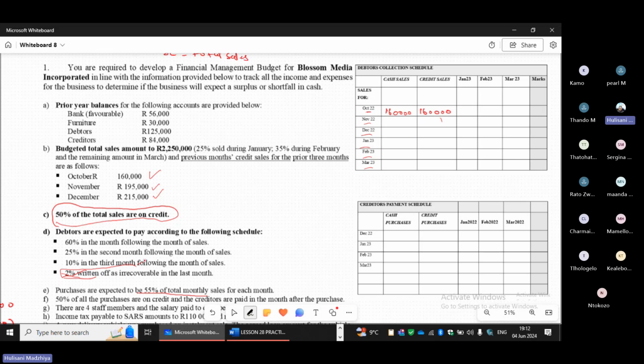The 10% indicates that 10% is collected in the third month following the month of sales. So if we sold goods on credit for 160,000 in October, 10% of that amount will be collected in the third month after October. When we count, it's November, December, January. So 10% of October sales will be collected in January.